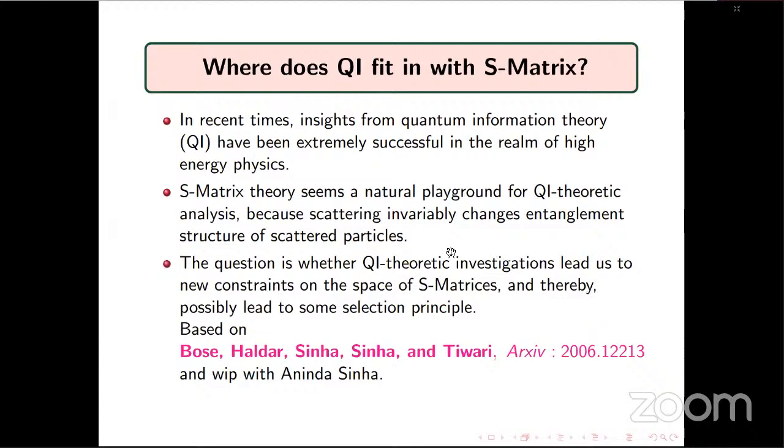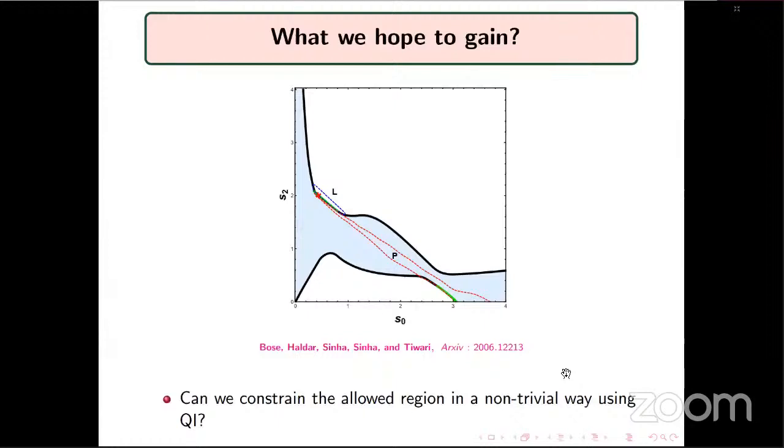The question is whether QI theoretic investigations lead us to new constraints on the space of S matrices, and thereby possibly to a selection principle which will lead us to select one S matrix over the other. This talk is roughly based on this work from the past year and some work that's going on with Anindya Sinha.